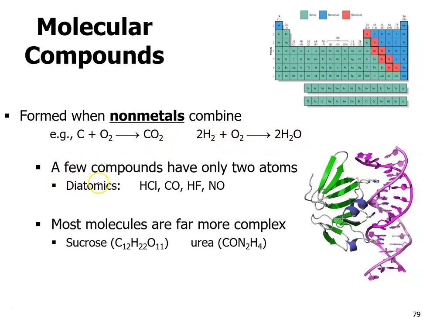We have a few compounds that are only 2 atoms: HCl, carbon monoxide, HF, NO. Some of those are pretty simple. But we have a lot of really complex molecules: DNA, RNA, sugar molecules, different types of amino acids and peptides. All of these things are made with non-metal compounds.